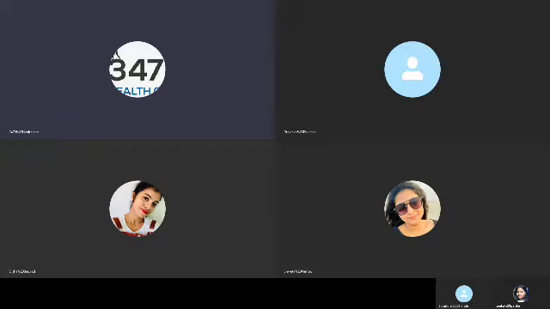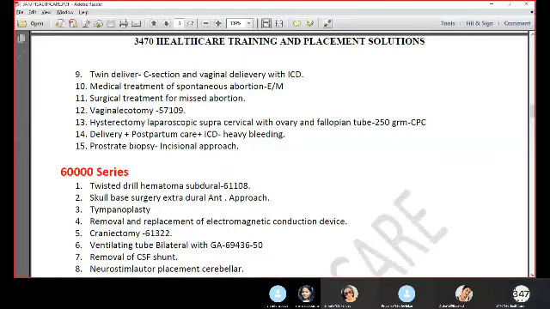Okay. So 55705 is the prostate biopsy incisional approach. Then next one is only postpartum care, not the delivery, whether cesarean or vaginal.